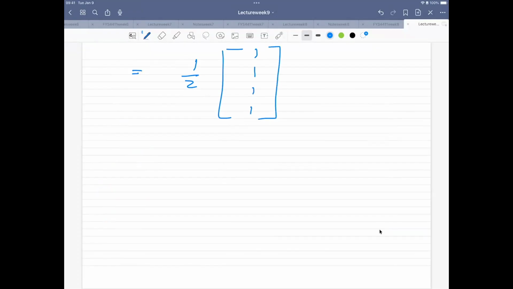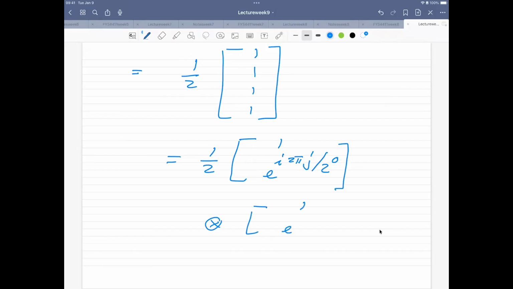And if I look at it differently, I can actually rewrite this as 1/2 multiplied with 1, and I can break it down in terms of 2 qubits: e to the 2 pi i j divided by 2 to the power of 0, and tensor product with 1 of e to the 2 pi i, where i is just imaginary, j divided by 2 to the power of 1.